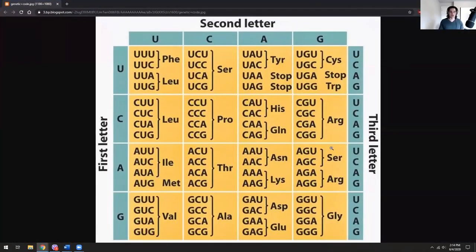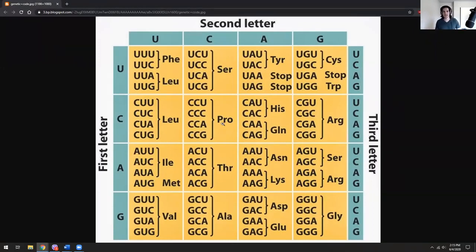So let's say one of the amino acids was originally CCA, proline. And what we did is we had a point mutation that changed that second C to an A, so it would make it CAA. Oh wait, no, we're talking about silent. Sorry. Silent mutation.